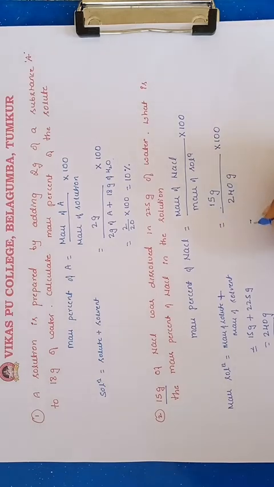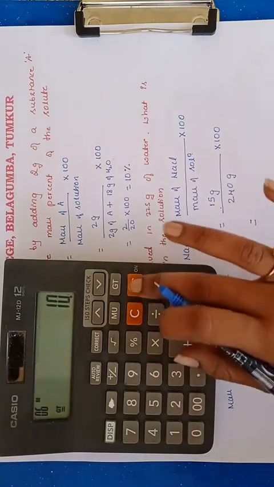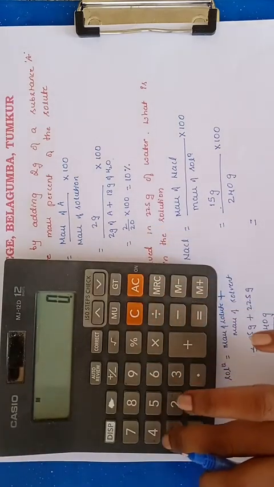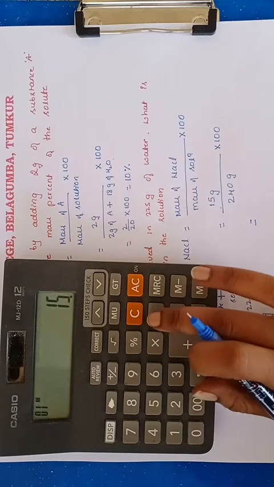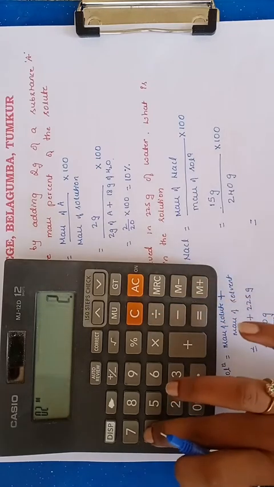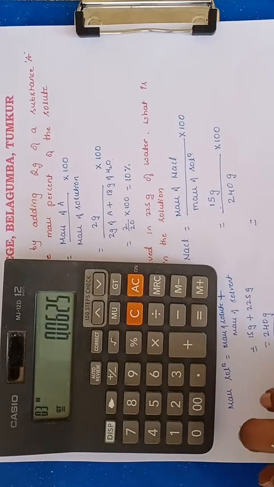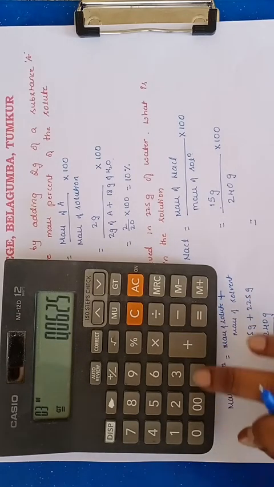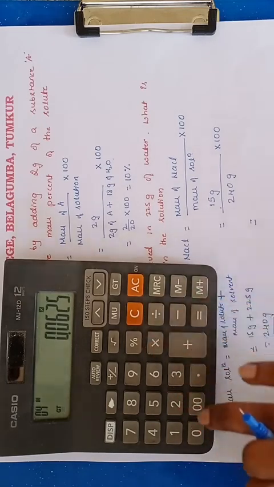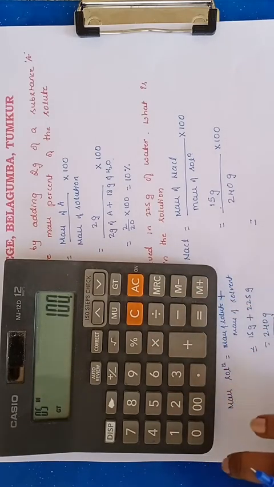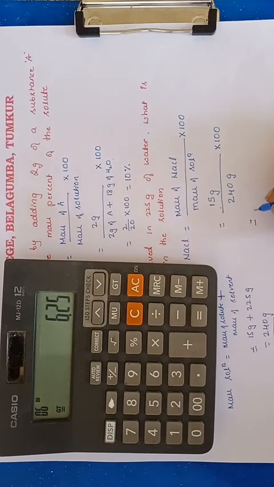On calculating, 15 divided by 240 equals 0.0625, into 100 equals 6.25%.